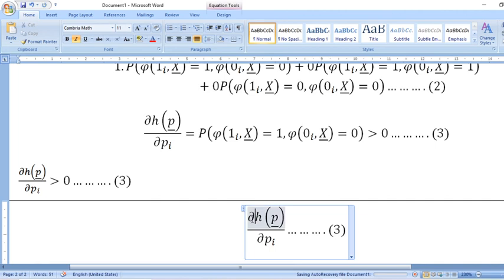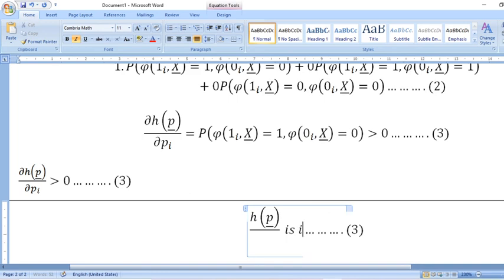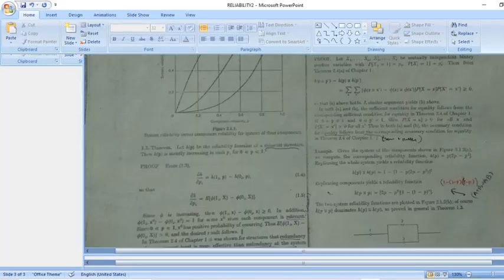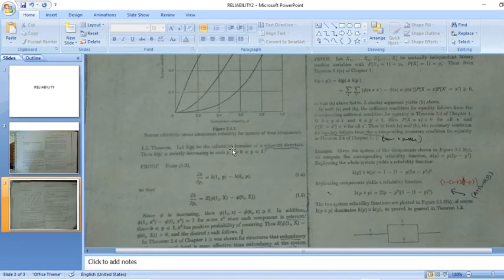Okay, when the partial derivative is greater than 0, we can say that h of p is increasing. That is our theorem. So what is the theorem? You can see: let h of p be the reliability function of a coherent structure, then h of p is strictly increasing.